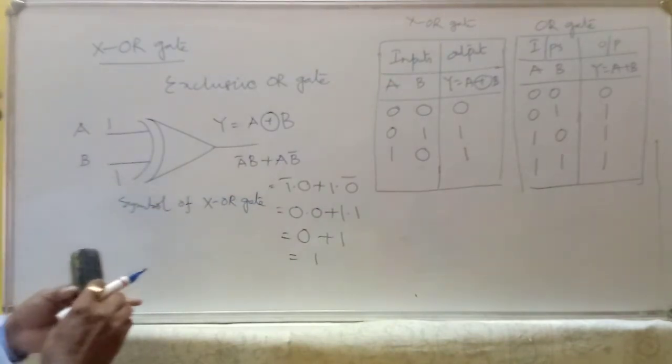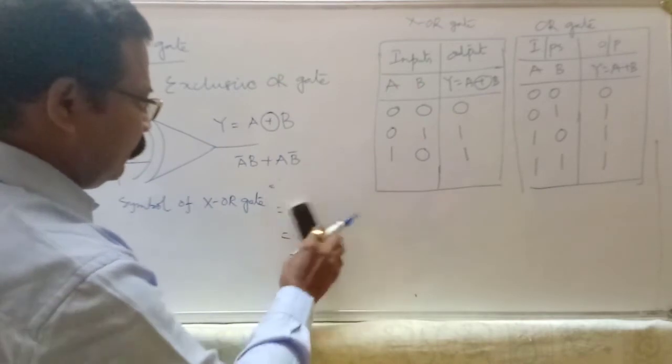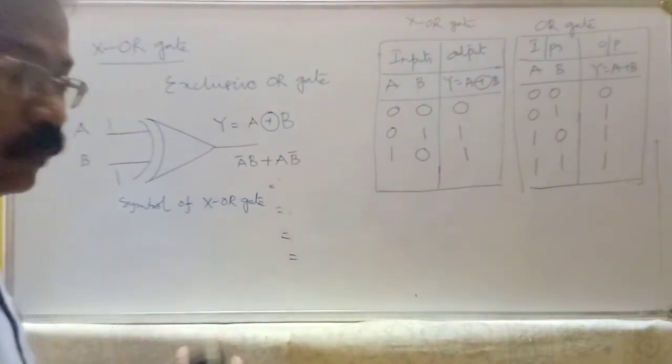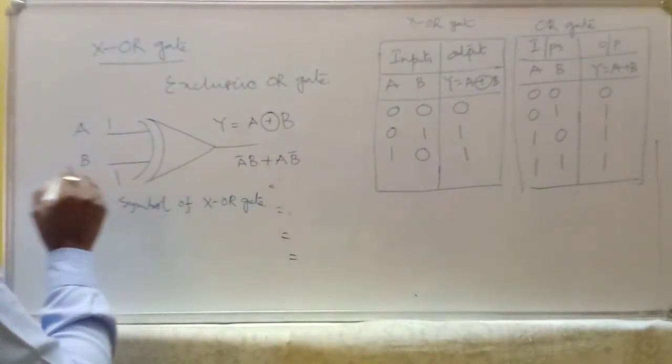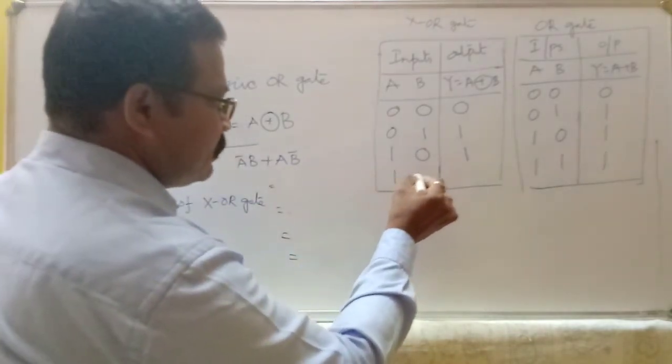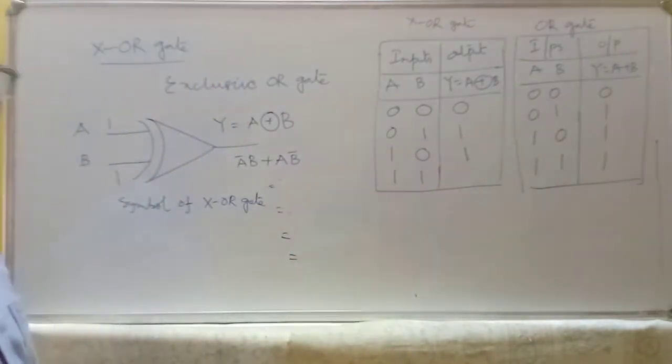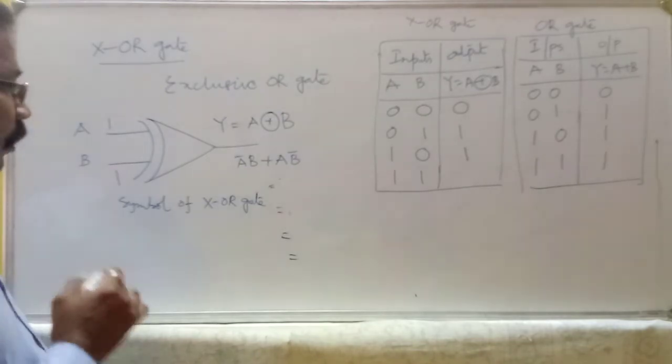When A is equal to 1 and B is equal to 1, what happens?